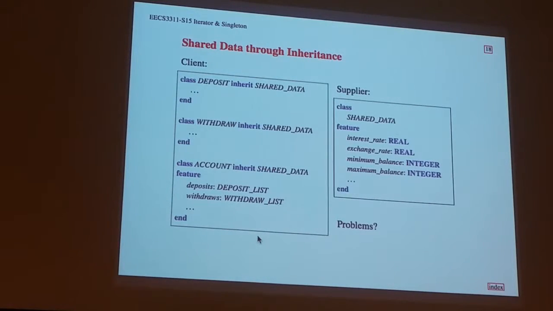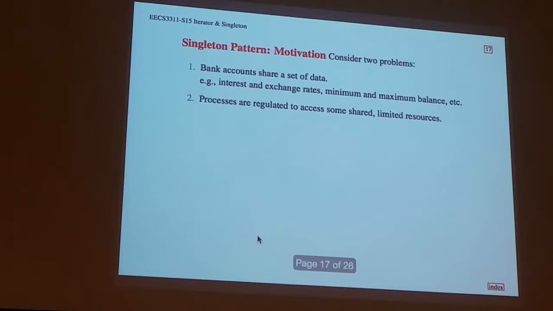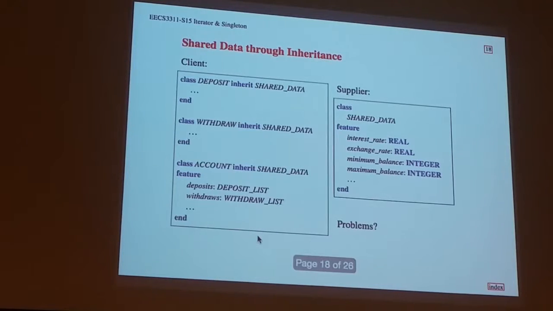What are the problems here? Remember, the problem we are trying to solve is to have some shared set of data. And we do have some shared set of data, let's say interest rate, exchange rate. But what's the problem here? Apparently, at runtime, we can instantiate many objects from deposit.